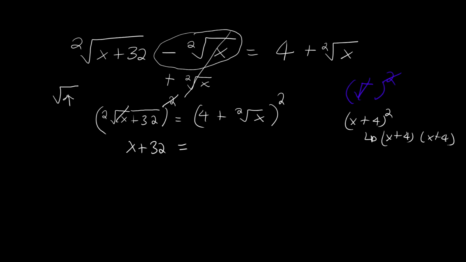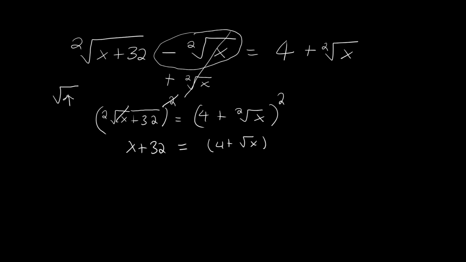Now, let's apply this little rule of algebra to this term over here. Let me clear off, I need some space. Let's go ahead and FOIL this. We will have 4 plus square root x times 4 plus square root x.